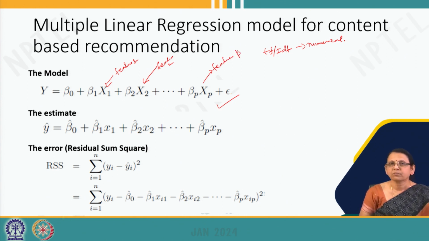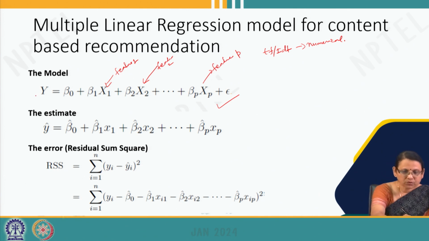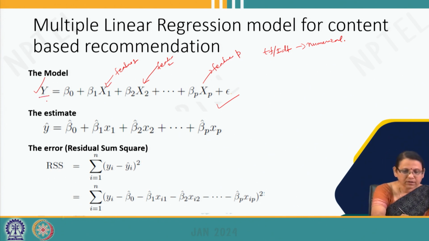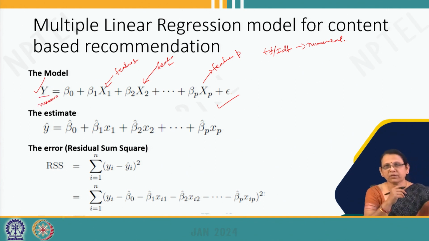These features may be the TF-IDF ratings, and if you are thinking of combining them, they may be some kind of explicit features that we have seen in our last example. And we are supposed to determine the value of y, which is our response variable. In this particular model, we assume this response variable is numeric. So far, all our variables were categorical. Now, this is our model.